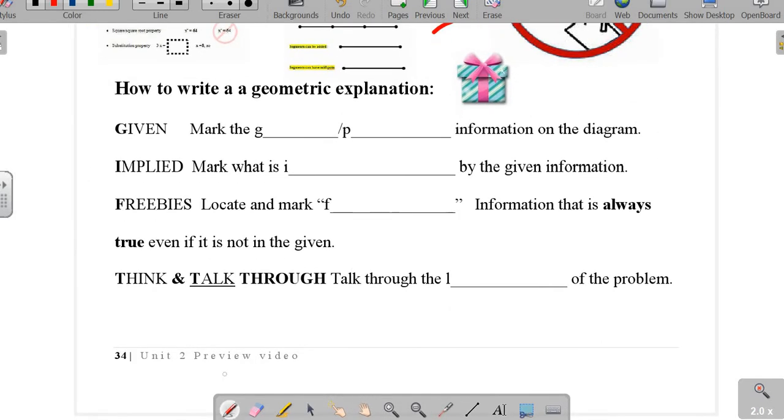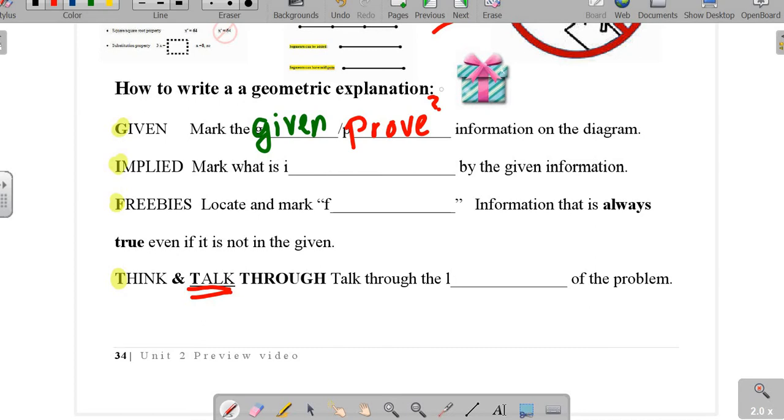When working with a geometric explanation, you want to remember GIFT: Given, Implied, Freebies, and Talk through. Given: you mark the given and the prove information on the diagram.